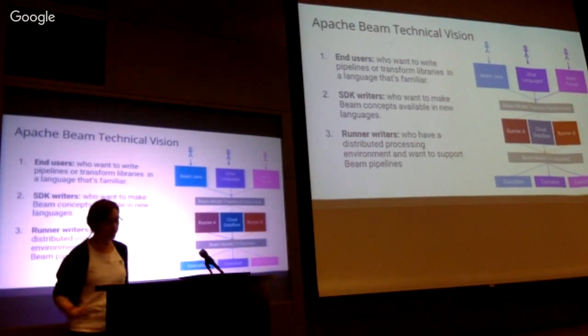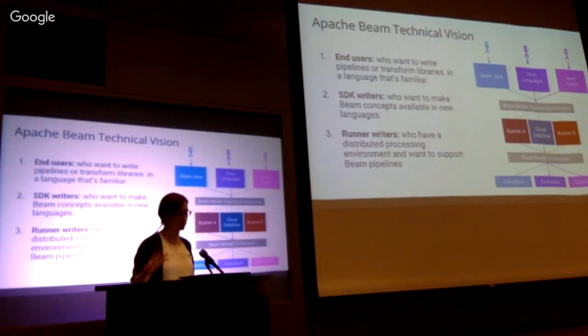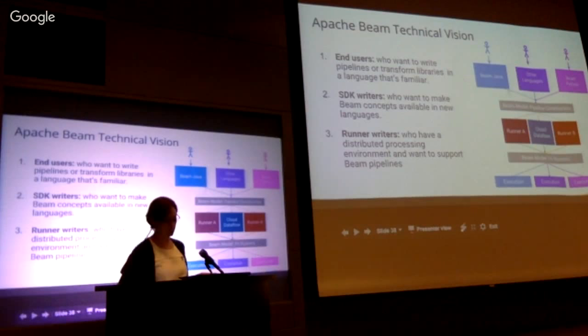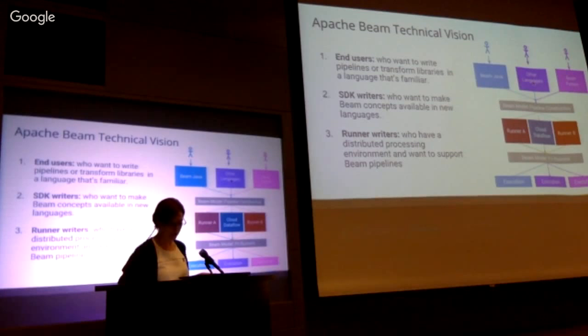Okay. So the Apache Beam hopes to serve three groups of people. The first one are end users, engineers who want to write the pipelines, who need to compute the data, right? We clearly want to support them. And for them, we build Beam Java, and we're working on Beam Python, and we have other languages contributed, and discussed about Beam Go.